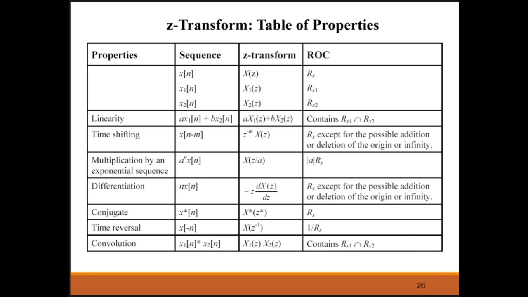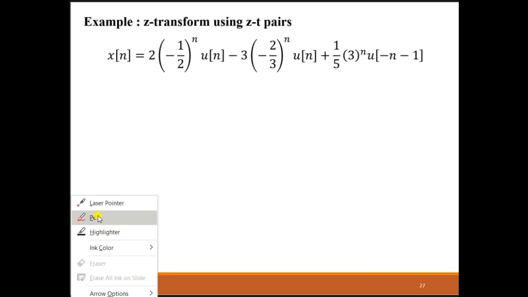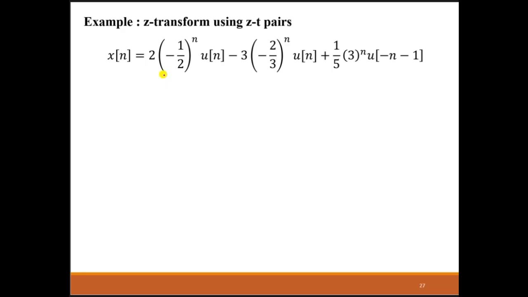Alright, so we look at another example of Z transform using the table. You have x n and here you have three terms. You have to approach this term by term. Don't panic when you look at it straight away. You have the first term, then the second term, and then the third term.